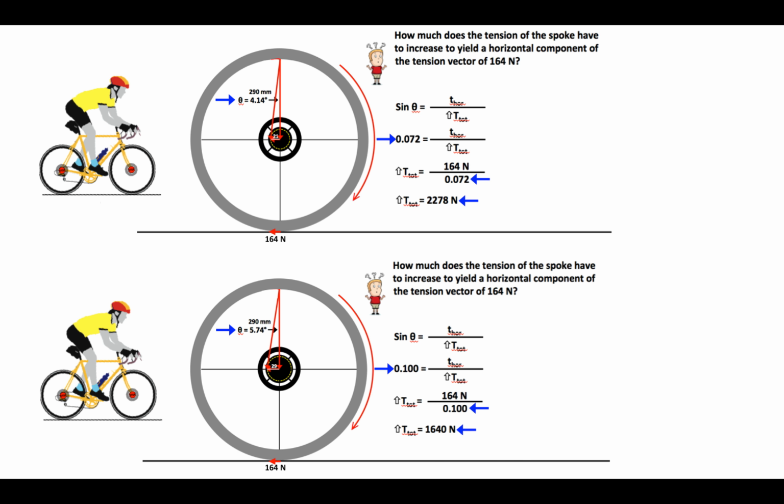So by going from a smaller hole-to-hole flange diameter to a larger one, I decrease the tension that the spokes have to increase by about 30%. Of course, a larger flange is going to mean more metal in the hub and a heavier hub.